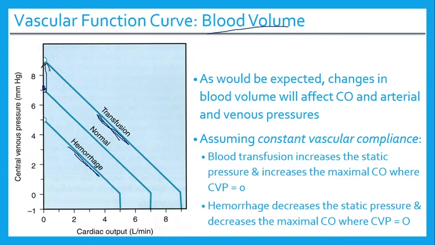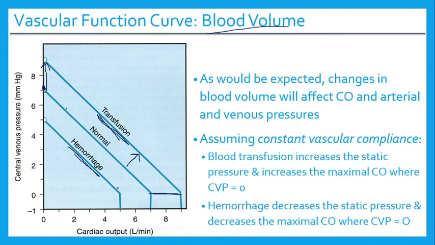By adding more blood, obviously, you increase blood volume, you increase blood pressure. So that's what you're seeing, is that this curve, when you add blood volume, looks pretty much the same, but you are seeing an increase in pressure due to the increase in static pressure, right? So you do increase the maximal cardiac output before you get to a central venous pressure of 0.